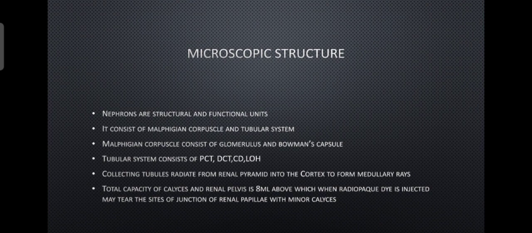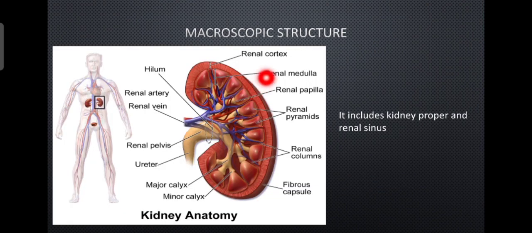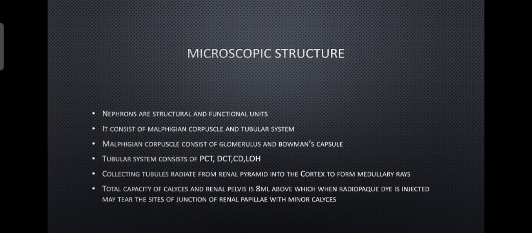In the medulla we can see the collecting tubules extending from the medulla to the cortex. They collect the urine produced and bring it to the minor calyxes and major calyx, and then towards the ureter.